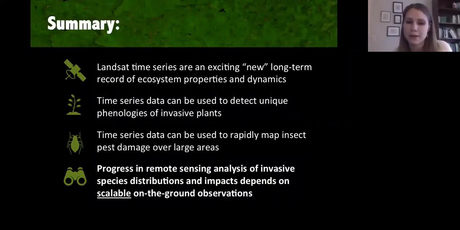And the real take-home message in this talk being that progress in our remote sensing analysis of invasive species distributions and impacts is going to depend on these scalable on-the-ground observations. So those processing time series data really need the help and support of the field-based communities who are able to provide us with information we can use to validate and improve remote sensing products.